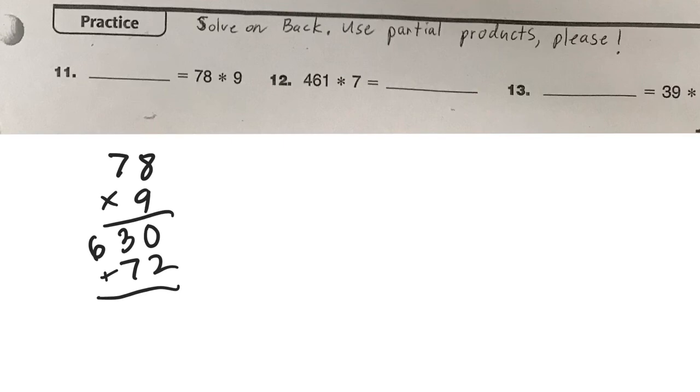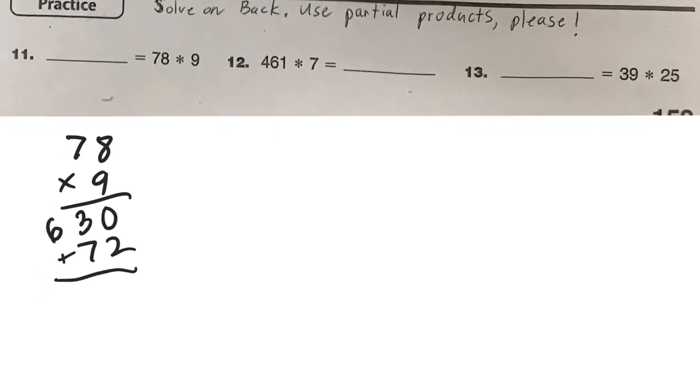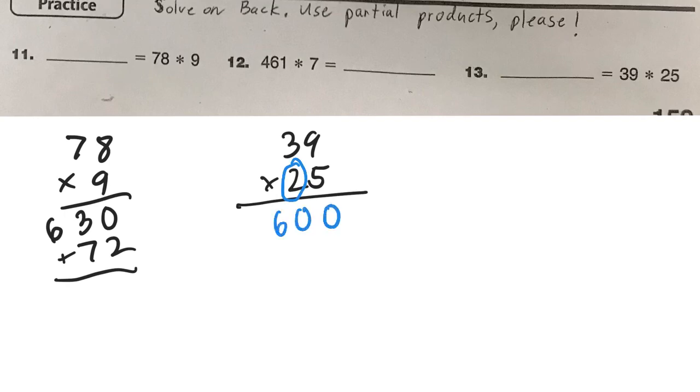The 2-digit by 2-digit one, you're going to have 4 products. And this is actually a fun one to do in your head, but let's do it partial products first, and then we can look at that. So I'll start with the 20, and 20 times 30 is 600. And write it nice and neat.